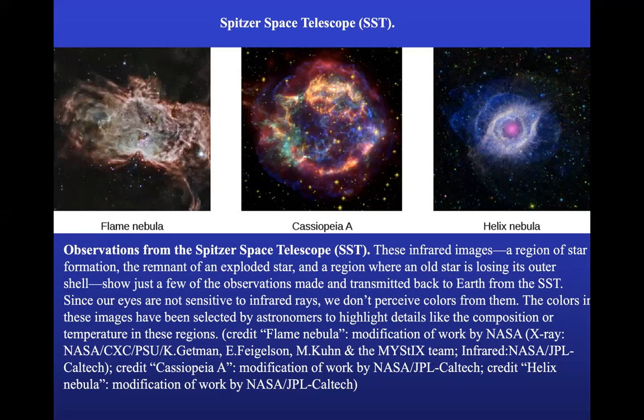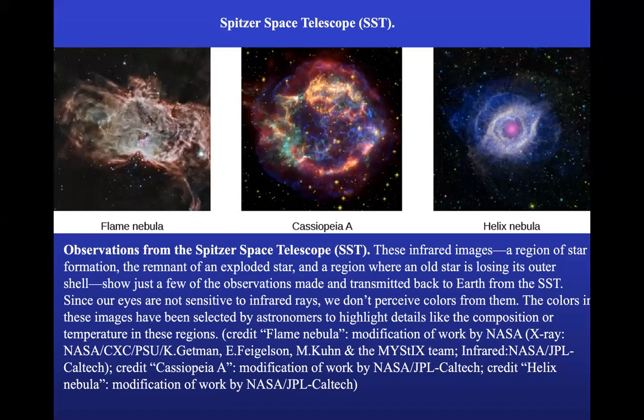And the region where an older star is losing its outer shell, we also call these nebulas, is what you see on the right-hand side, and to be precise, this is called the Helix Nebula, right? So we will also talk about nebulas in one of the sections when we are talking about star formation, right?